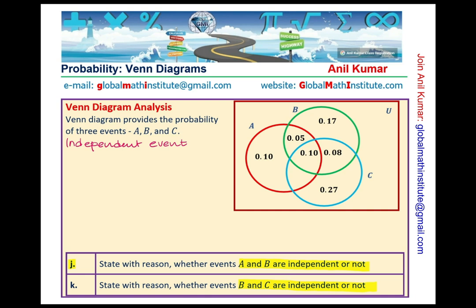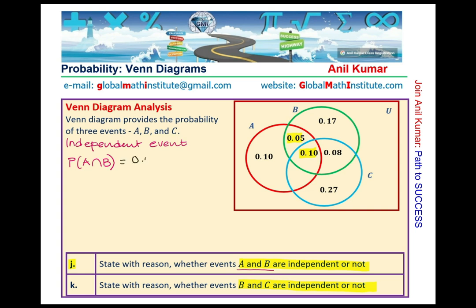Let's say we consider A and B, and if you want to check whether it's independent or dependent, we say, what is the probability of intersection of the two events? That is what we are trying to figure out. Now, from the Venn diagram, the probability is the sum of these two. Correct? So, let's add them.